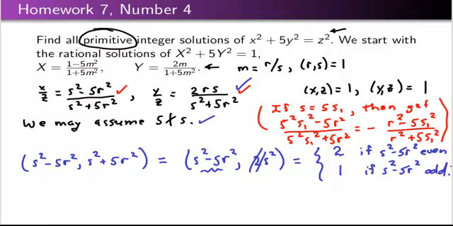And so this will give you the two different types of solutions I've described on the homework itself. I told you what the solutions should look like. In one of these cases, you'll be describing the solutions where y is even. So when y is even, you can see this 2 right here.